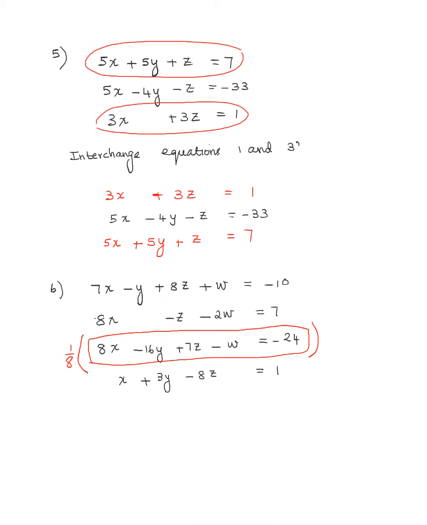So when you multiply the third equation by 1/8, we get x minus 2y plus 7/8z minus 1/8w equals negative 24. But everything else is going to remain the same.